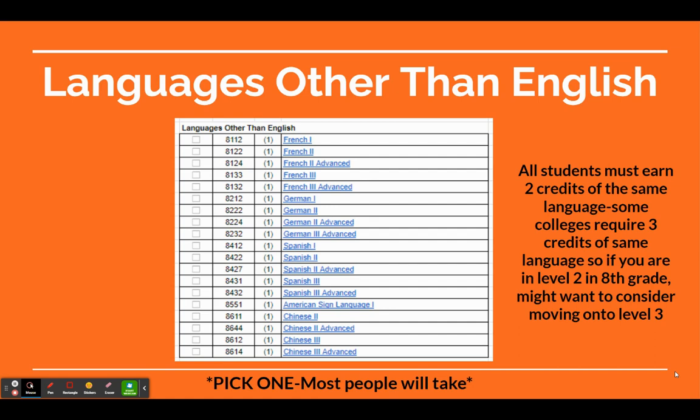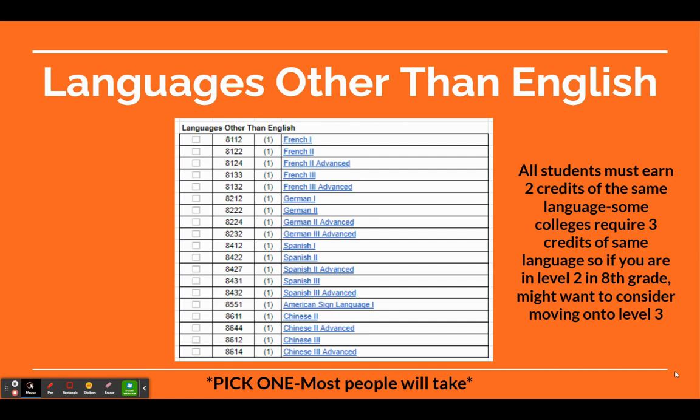But a decision you make in 8th grade could keep you from applying to some colleges that you decide you want to apply to in 12th grade. So I think it's better just to be safe than sorry and take a 3rd year and do the level 3. So that's why I say most students will be taking a language next year. Everybody should, in my mind, continue either to level 2 or to level 3.